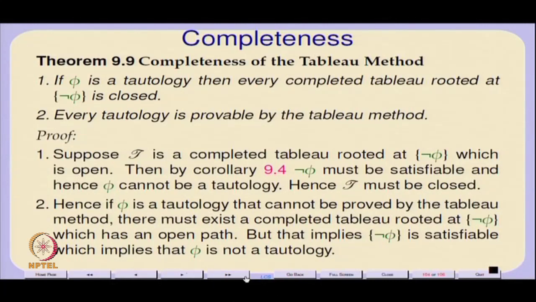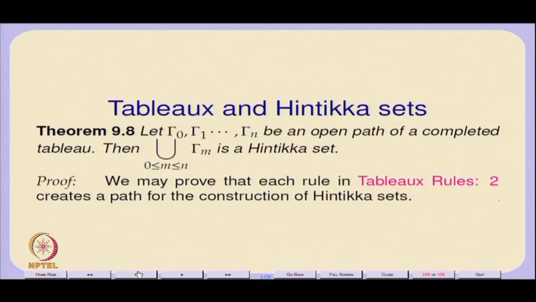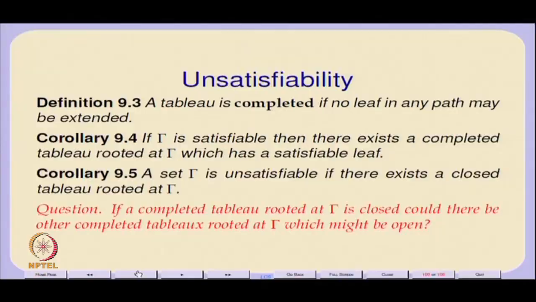So essentially, what this shows is that it answers the original question that we raised: you take any unsatisfiable set, you take any tableau rooted at that unsatisfiable set, it does not matter, the tableau will eventually close, every path will get closed.